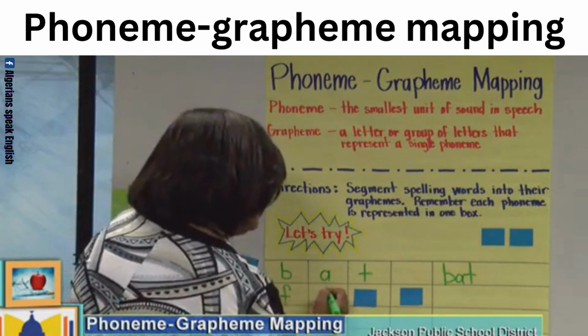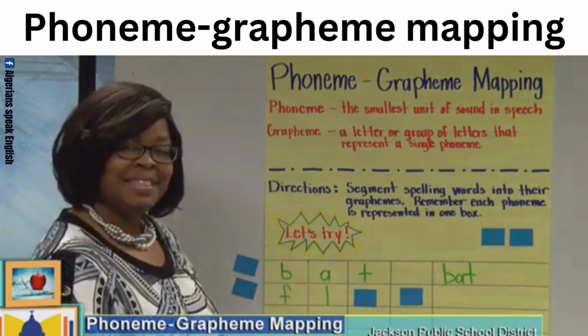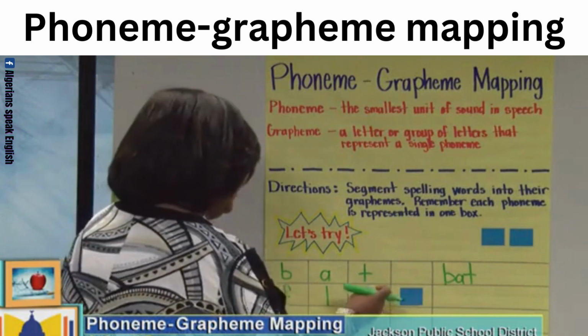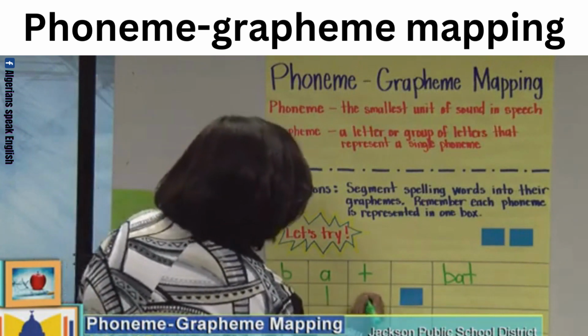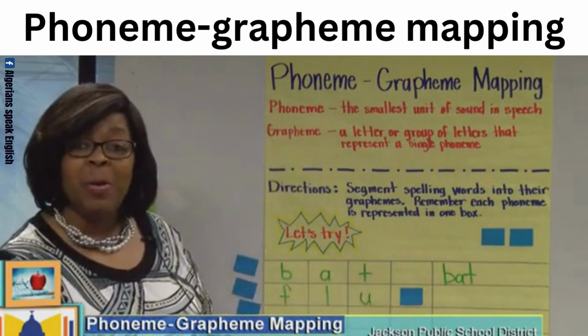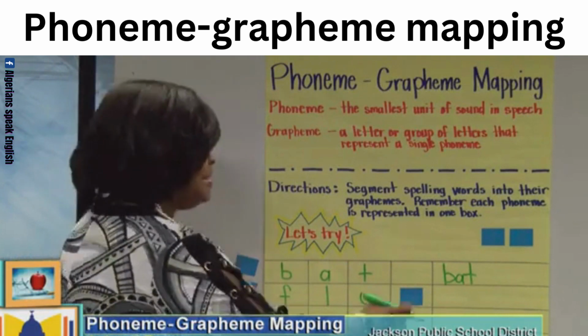Absolutely. The letter L. Our next phoneme sound was the short U sound. Yes, the letter U. It's a short U. And the final sound or phoneme we heard was the F sound. Absolutely.